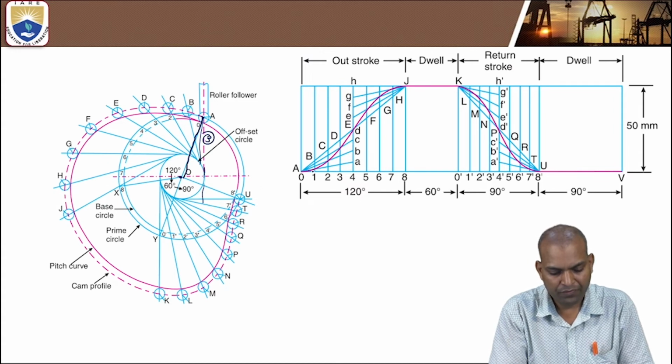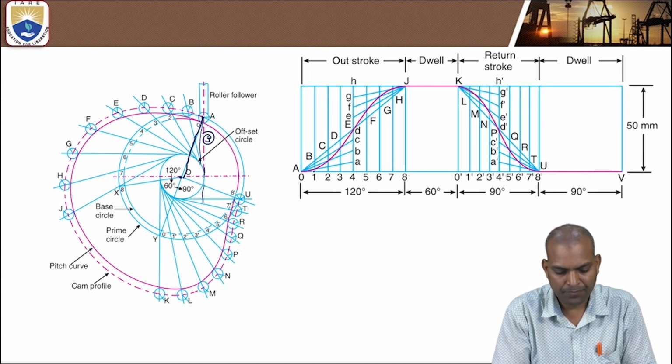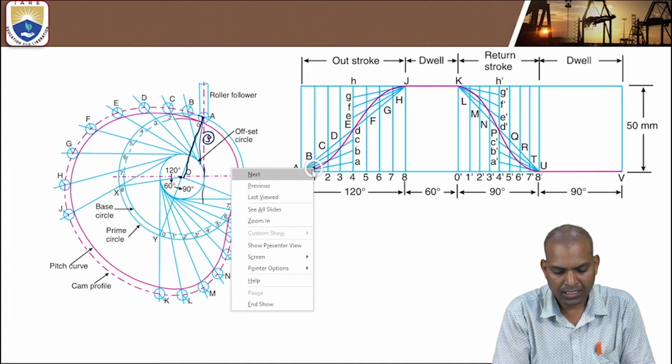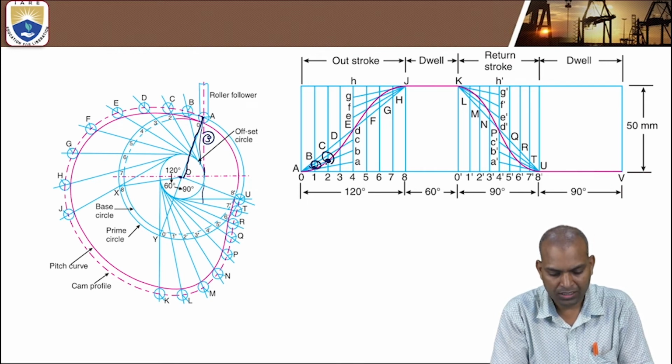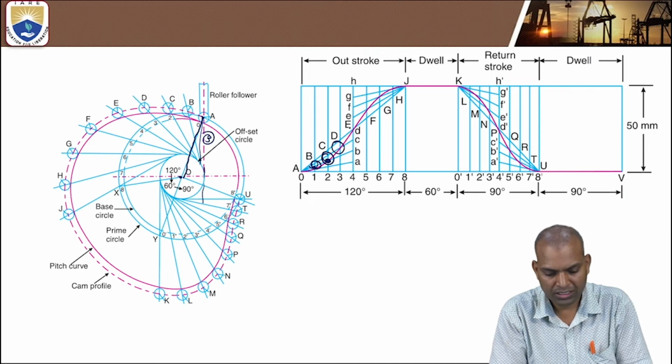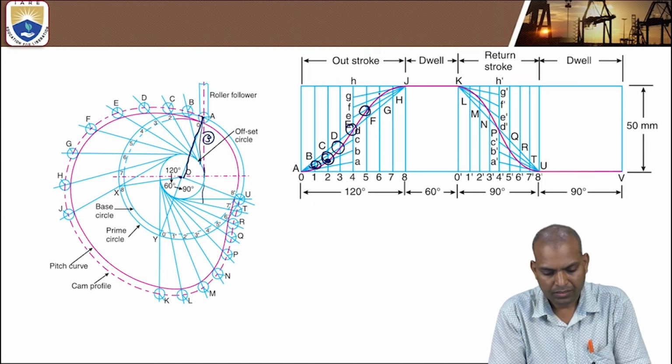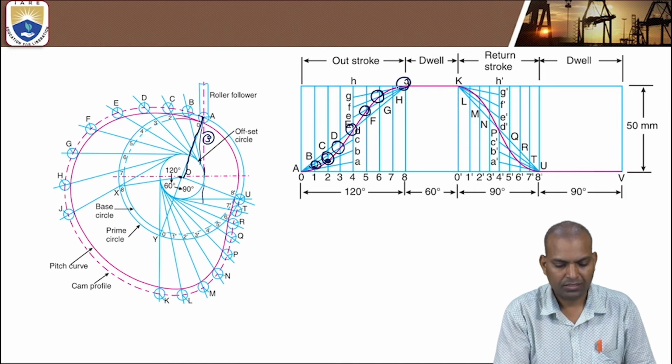So for every 15 degree rotation of the cam, the roller is at this point for the first 15 degrees. Then for the next 15 degrees, the roller is here. These are the centers of the rollers.